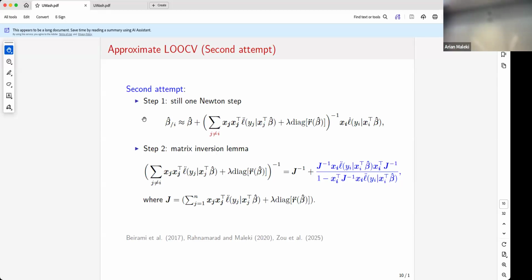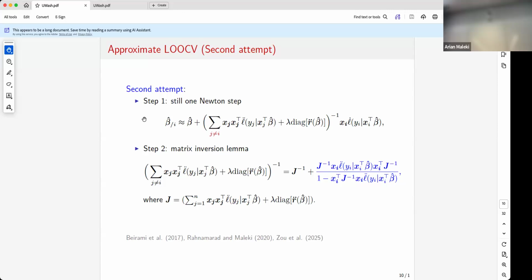We still say let's do one step of the Newton method. That's okay. But for the second step, we are going to do the matrix inversion level, and we calculate the exact inverse, so we don't need to use a Stone approximation. The formula looks a little bit more complicated, but computationally it's not that different from the original proposal, so we can work with this.